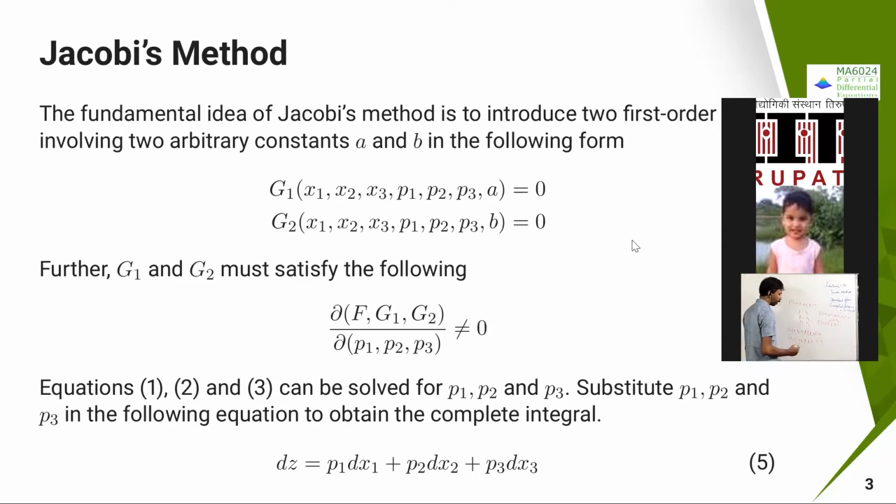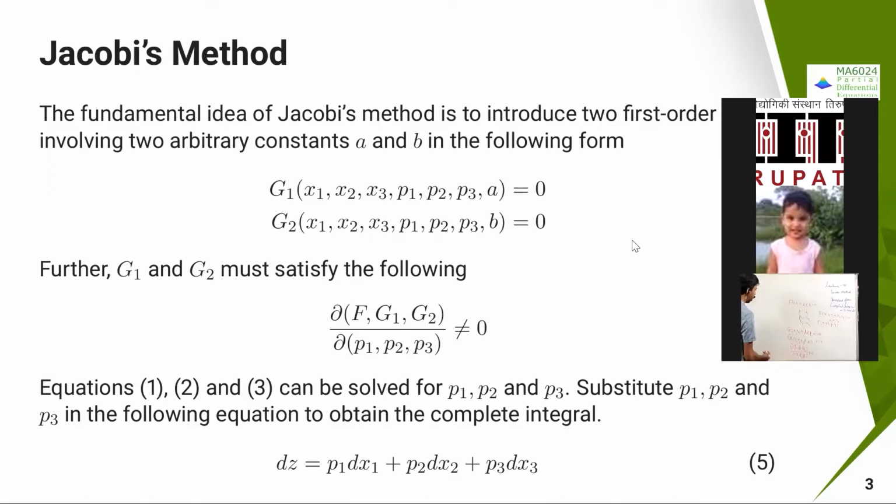Further, g1 and g2 must satisfy this condition: the Jacobian ∂(f, g1, g2)/∂(p1, p2, p3) should not equal 0. You have to calculate the Jacobian of f, g1, g2, and that should not be equal to 0.